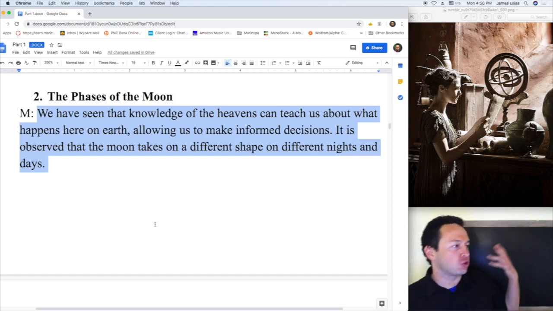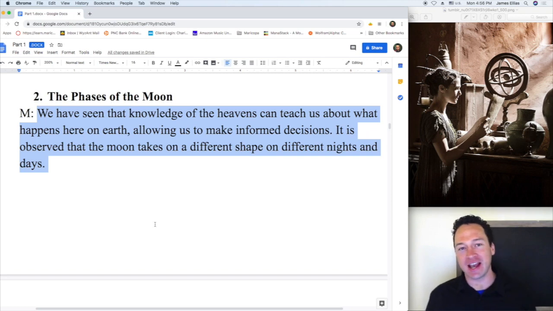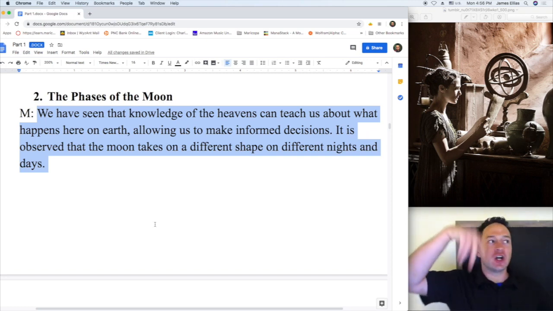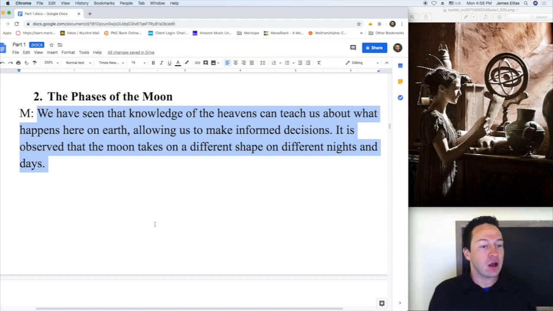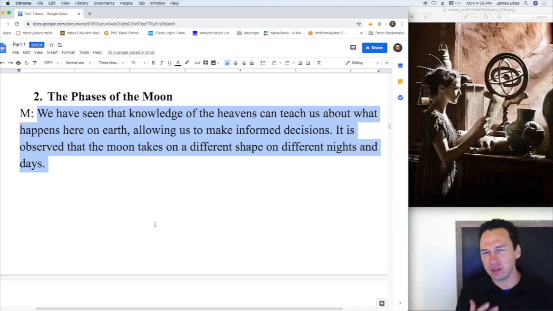And so this is where astrology comes from, the idea that the positions of the stars can tell you something about your future. But behind all that non-scientific nonsense is a kind of real motivation.